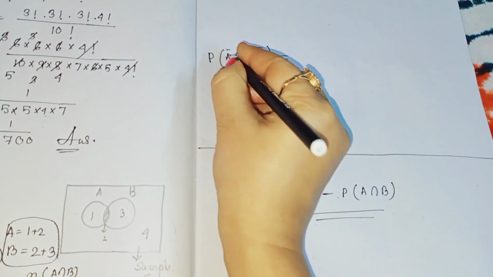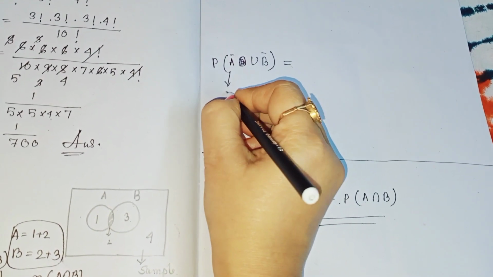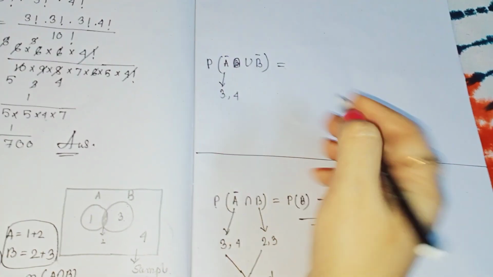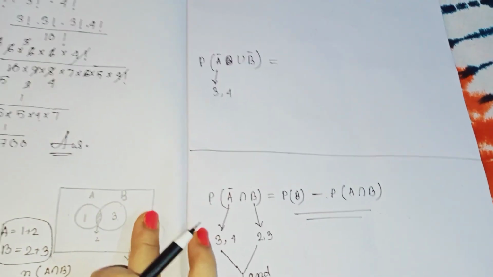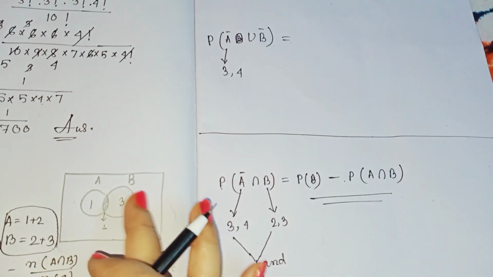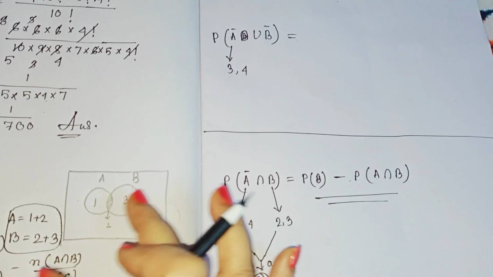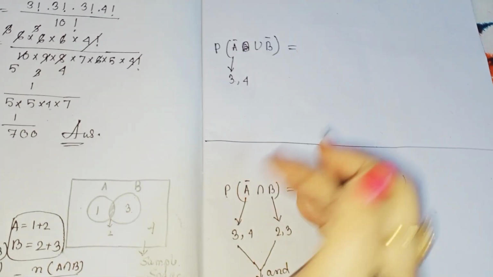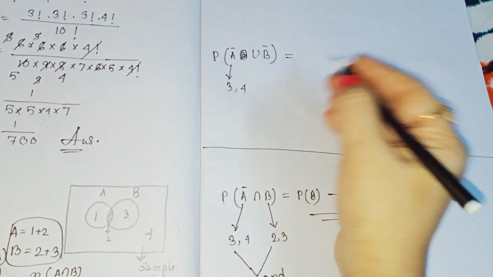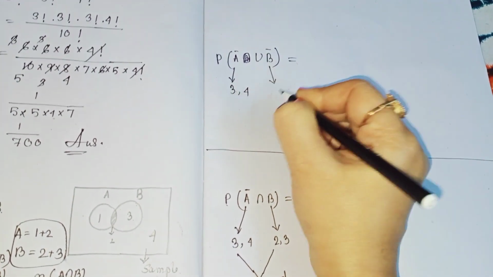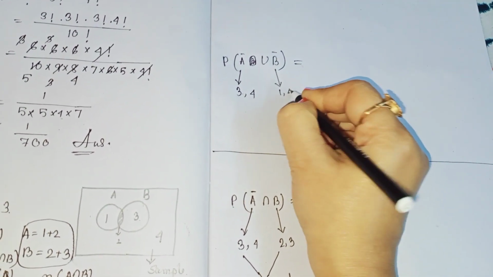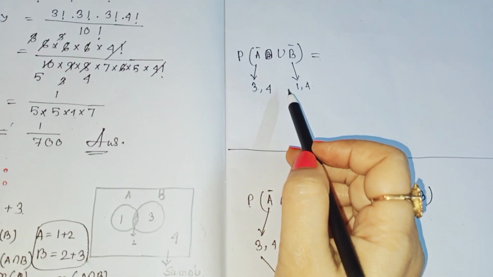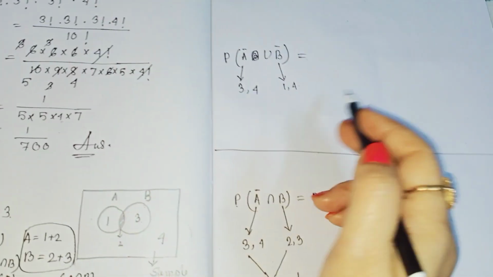So A bar means 3 and 4, and B bar means leave all the elements which are in B, so leave 3 and 2, so we get 1, 4.